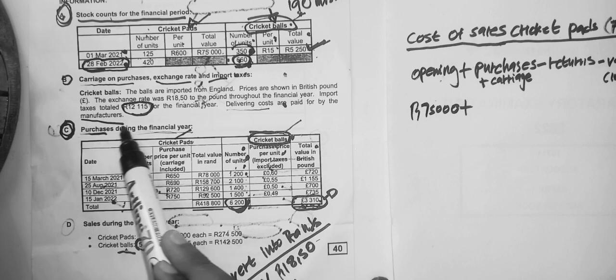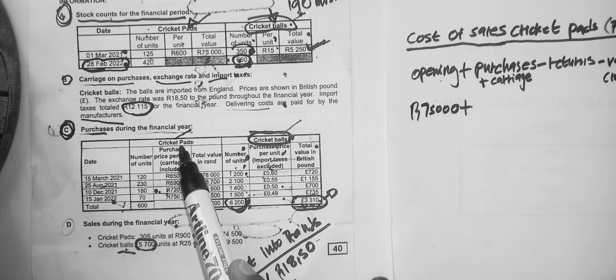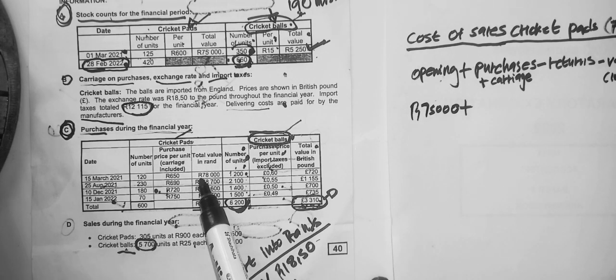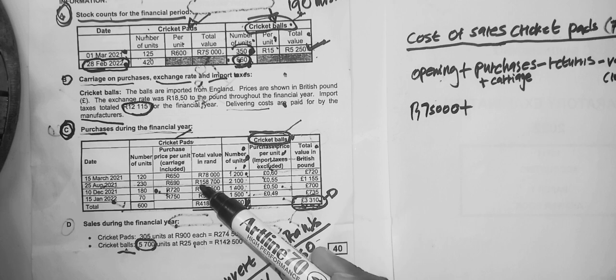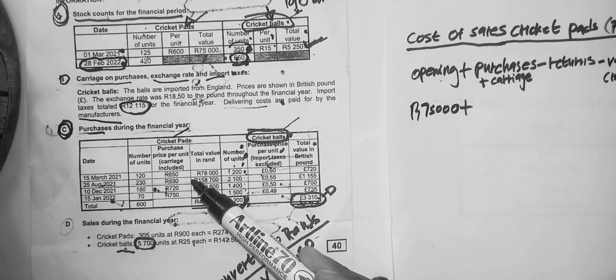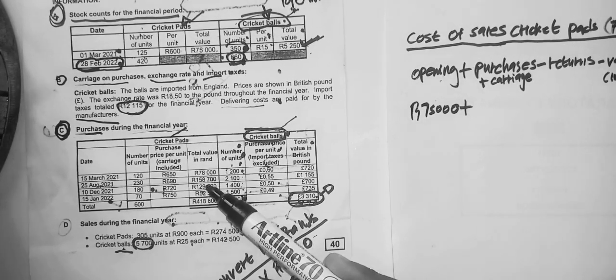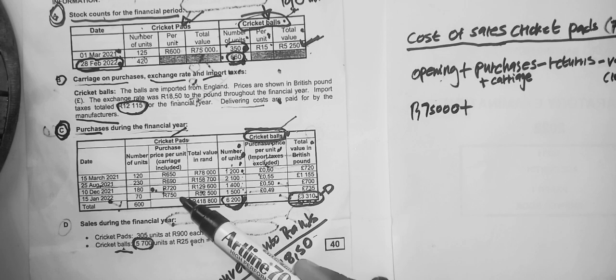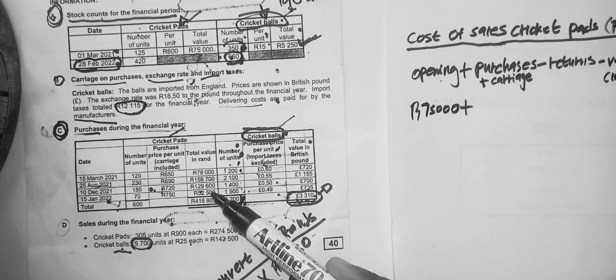Purchases during the financial year for cricket pets. How much? As you can see, this is all the information for purchases. They differentiated our purchases based on the months. There is March, which is 78,000. There is August, which is 158,000. There is December, which is 129,600. There is 15th January, which is 52,500.